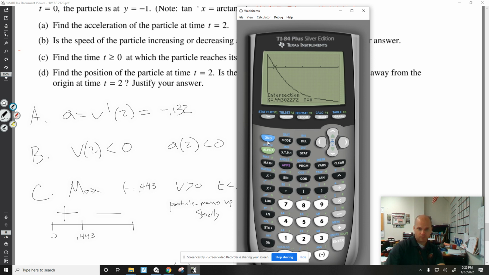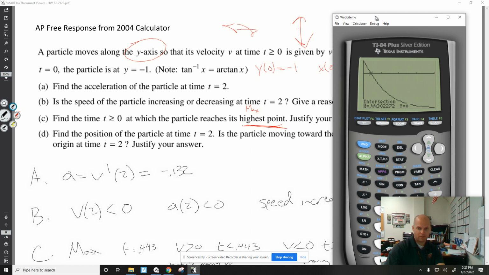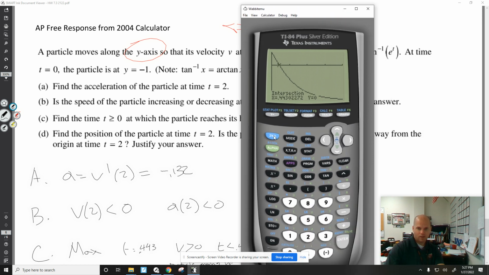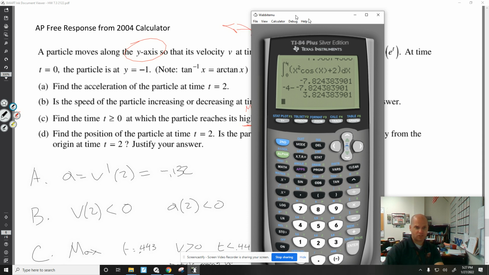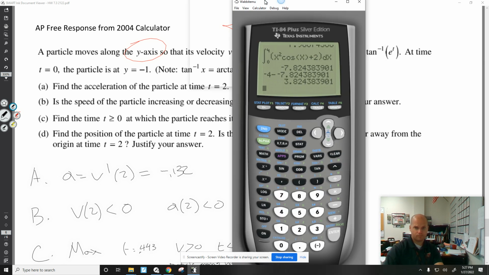You can find your displacement and then just add it to -1. But when you do that, you have to write it down. You can see it. I'm definitely moving down more than I'm moving up. So I'm going to end up at a fairly negative position since I start at -1.